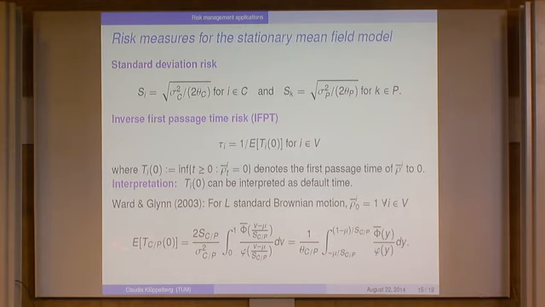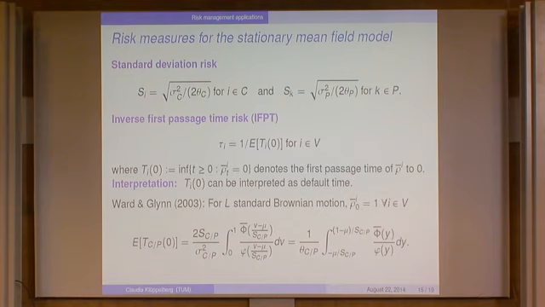You can write it down for a standard Brownian motion, as we have been simulating, with all processes starting in 0. Then you have this nice formula. Here you see again the standard deviation risk and the sigma square. Phi bar is the tail of the standard normal distribution, and phi is the standard normal density. So you have an explicit analytic expression for this.